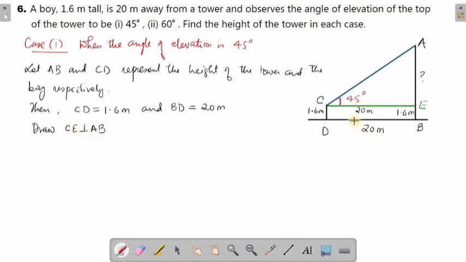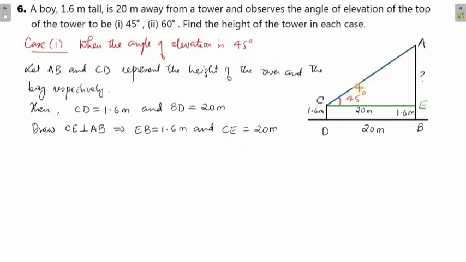Now this gave me EB equals 1.6 meter, and another thing that was obtained was CE, which turned out to be 20 meter. Right. So let's look at triangle ACE now.